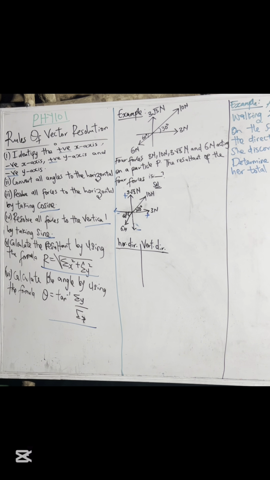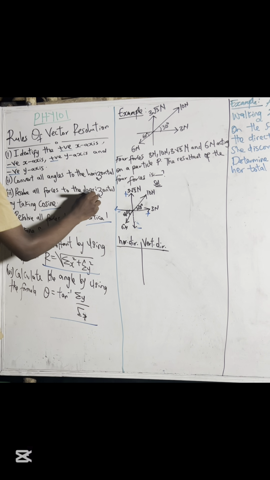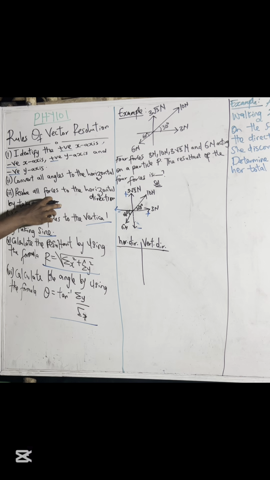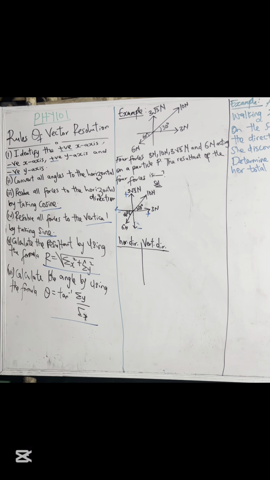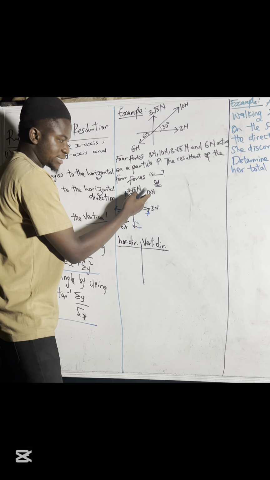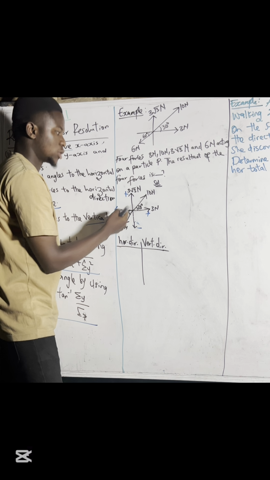So I'm going to be resolving all my angles to the horizontal direction and also to the vertical direction. So guys, whenever I'm resolving to the horizontal direction, I'm going to be taking cosine. But when I'm going to the vertical direction, I'm going to be taking what? Sine. So therefore, I have 10 Newton here. This 10 Newton has this angle 30 degrees, which is to the horizontal direction.